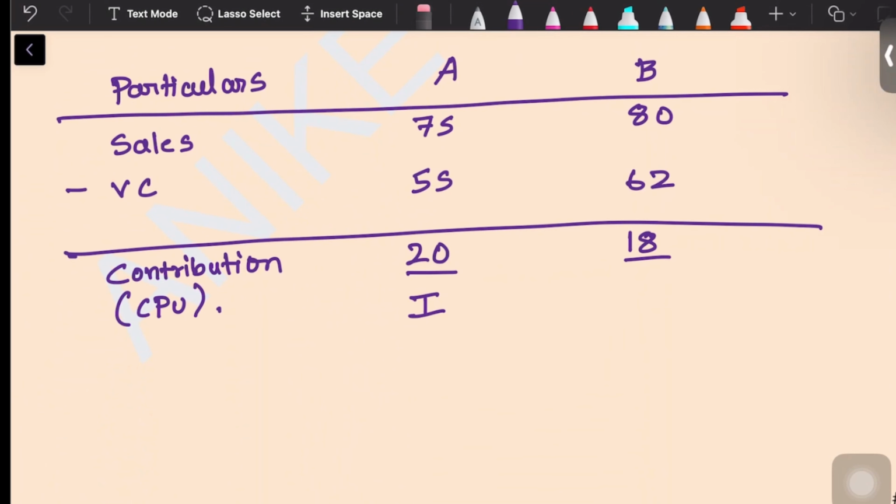A is profitable. Correct. So here I will write for 1, A is preferred because I have a limitation on units. So if my units are limited, I will go with the one which has more contribution per unit. In this case, it is A.